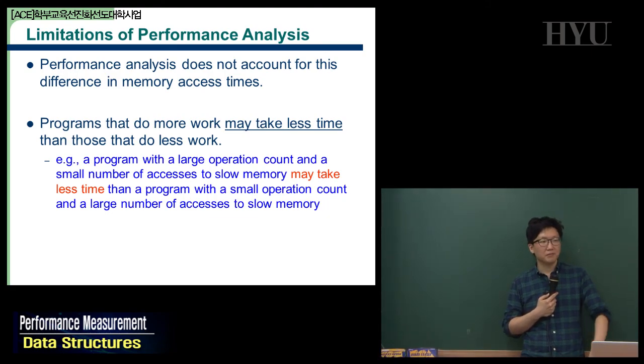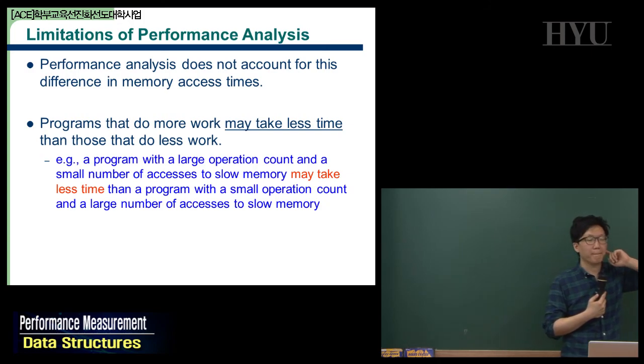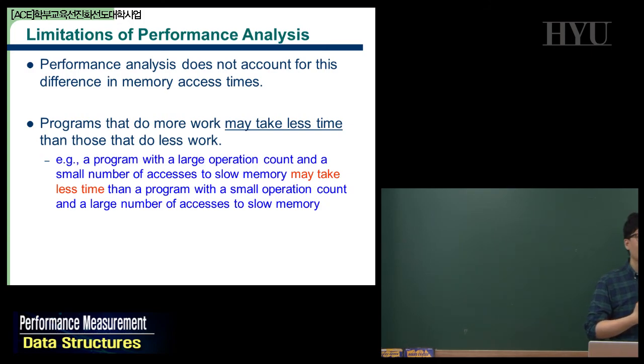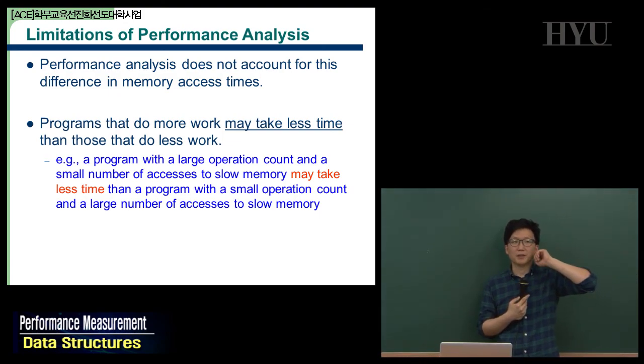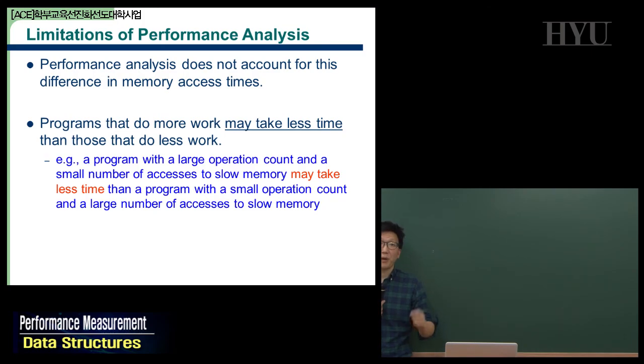What does that mean? You have maybe a program with about 1,000 lines of code, and another program takes only 50 lines of code. But the larger program has less interaction with memory access patterns.